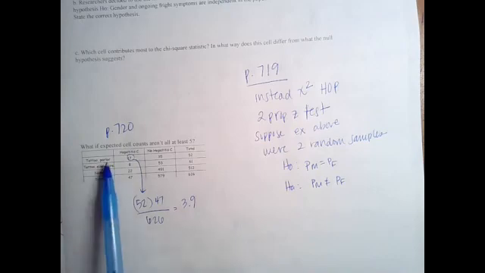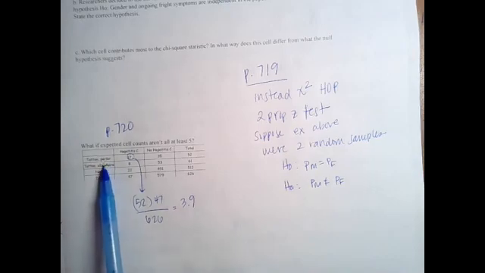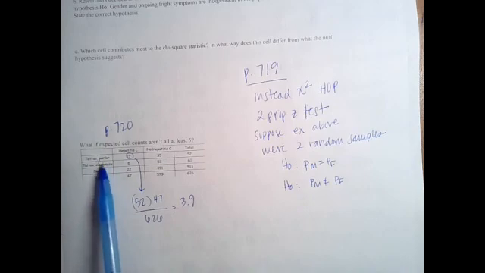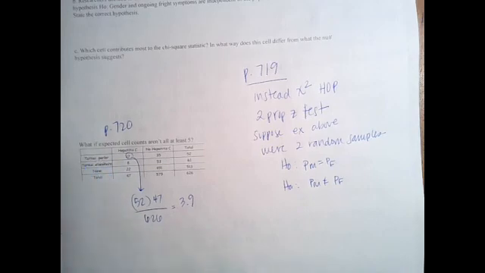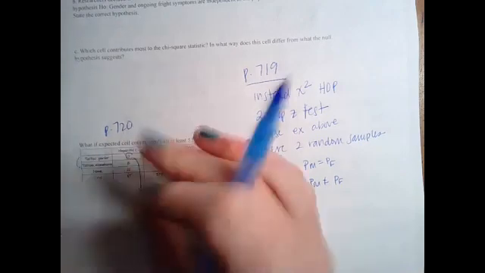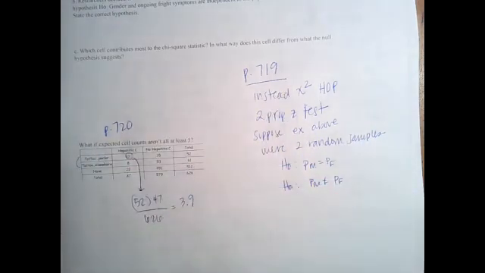But the question might be, does it matter where you got your tattoo, or does it just matter that you have a tattoo? So maybe you could just collapse these two together into one category, having a tattoo versus none. And that could be a way that you could combine them.